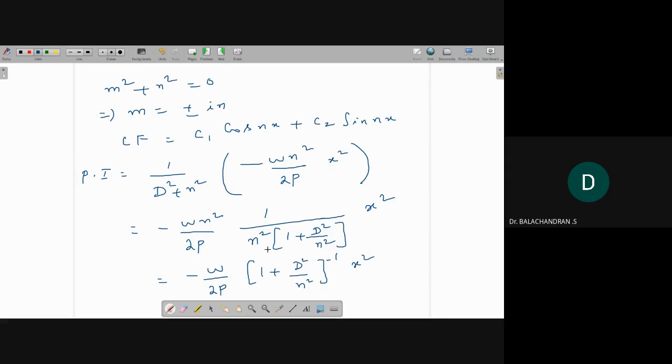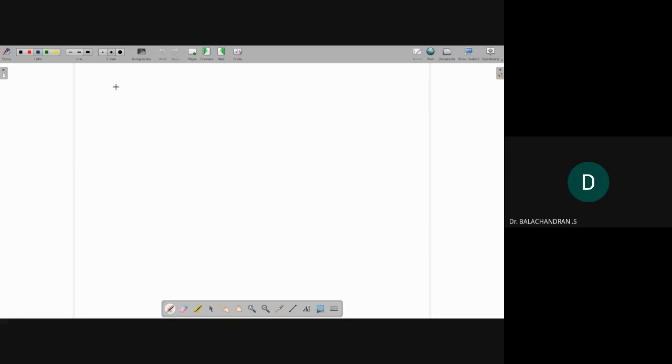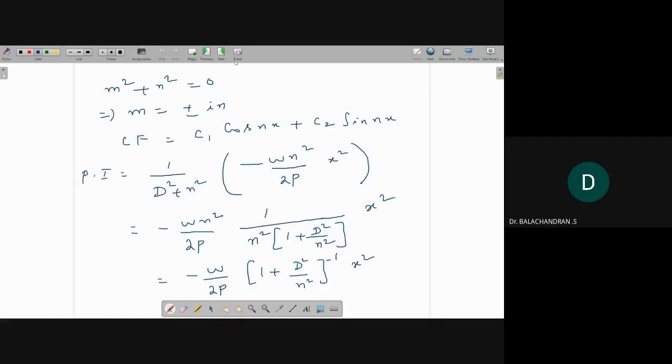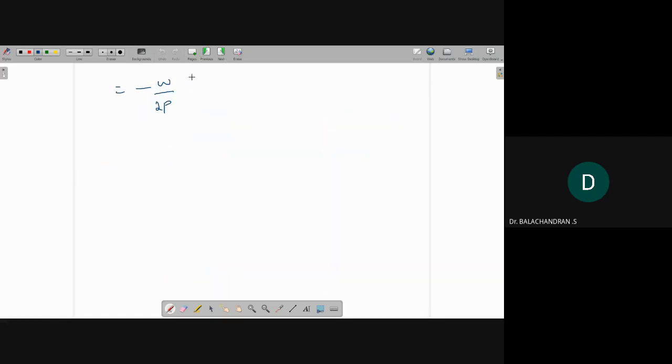So now expand it. So minus omega by 2P into 1 minus d square by n square into x square. So this is equal to minus omega by 2P into x square minus 2 by n square. So this is your PI.